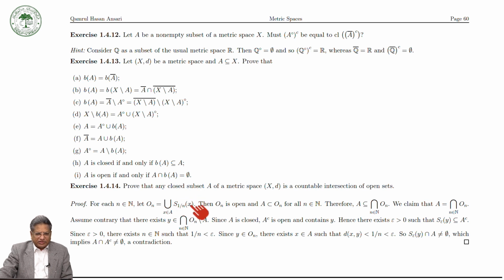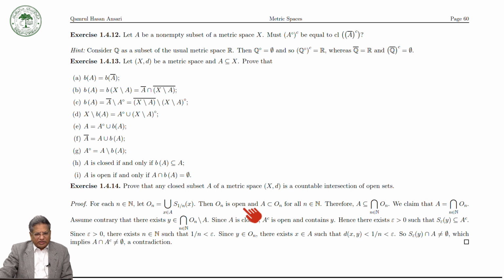We have seen that an open ball is an open set, and this is an arbitrary union of open sets. We have already seen that the arbitrary union of open sets is open, and therefore O_n is open.